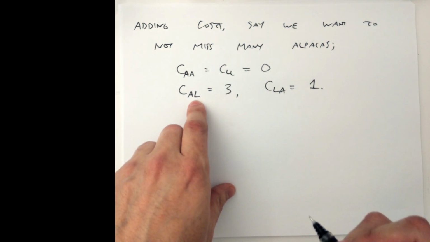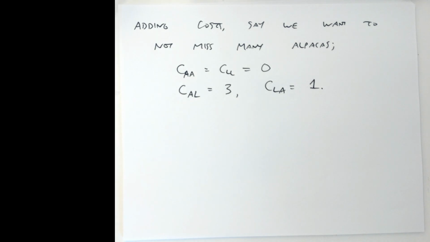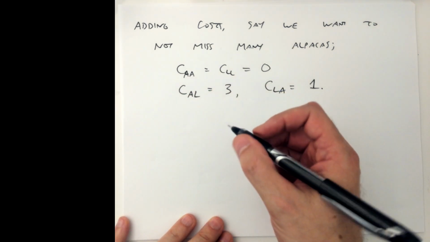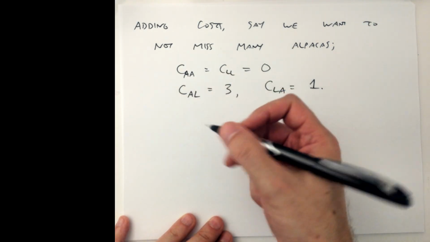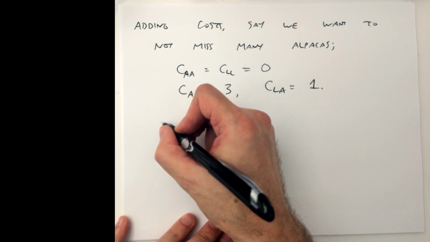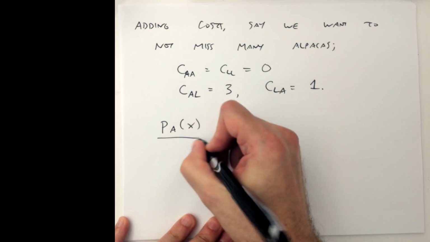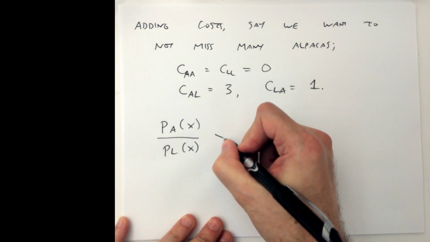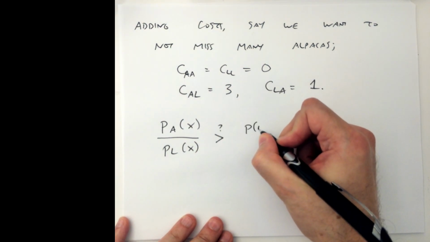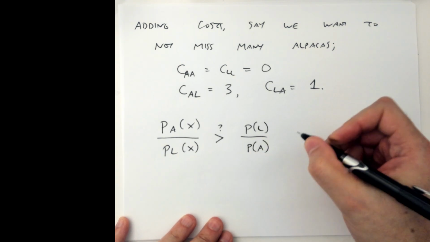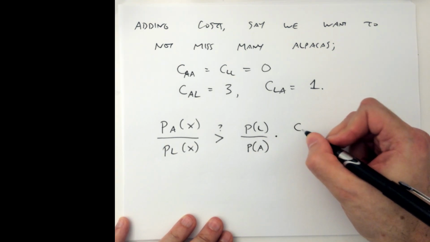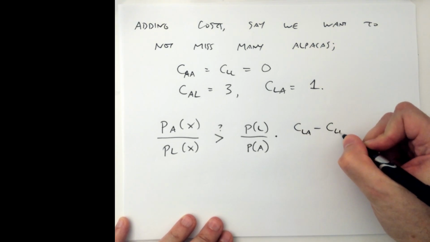So here, I don't want that to happen. I want to say I really don't want to make that kind of mistake. I'm willing to make the other mistake where I evaluate more animals and I find out that they're the wrong thing, right? So then I would eventually do this calculation and I would run it through again. Now I'm going to compare the likelihood ratio to the ratio of the priors times this ratio of costs.